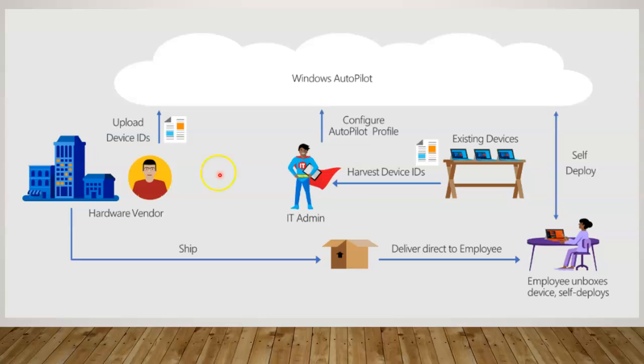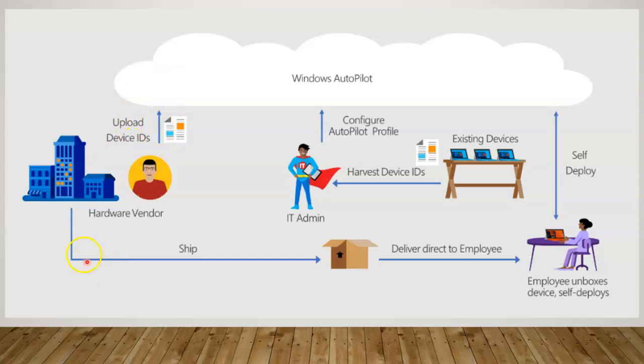That file they upload is called the device ID file. So the OEM admins will be uploading it to Autopilot. That means in Microsoft Intune, we are giving permissions to upload device IDs.